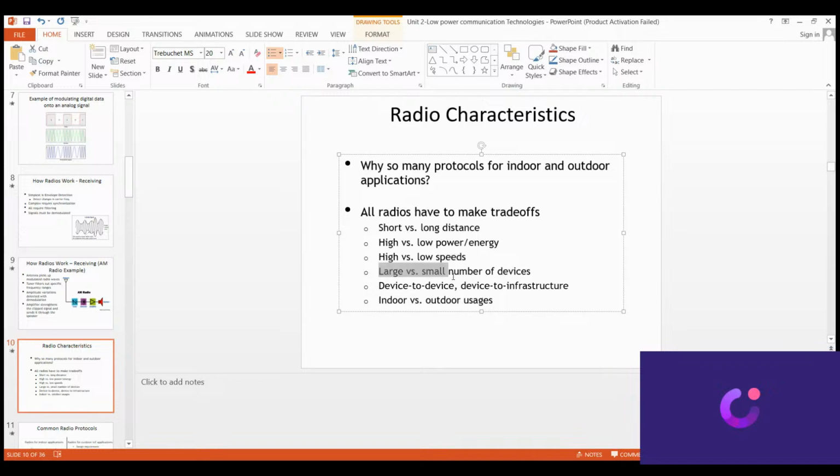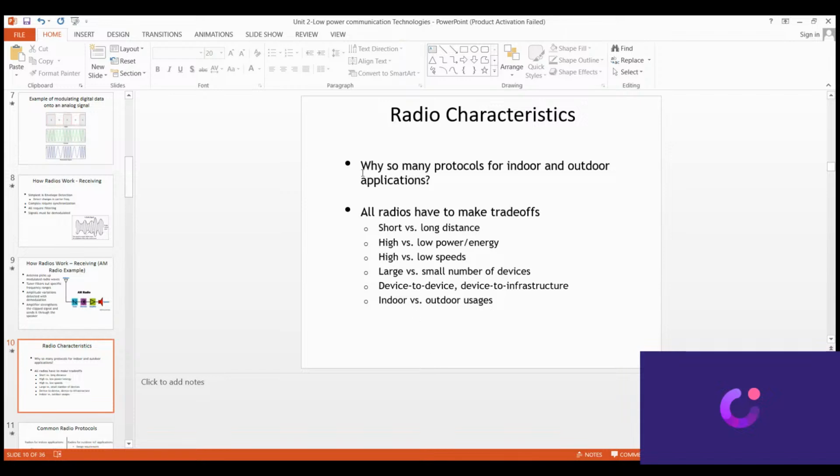Then large versus small number of devices, then certain considerations must be made. Then device to device or device to infrastructure, maybe from a device to an infrastructure or network, or indoor versus outdoor. All these are some of the radio characteristics that you must consider.